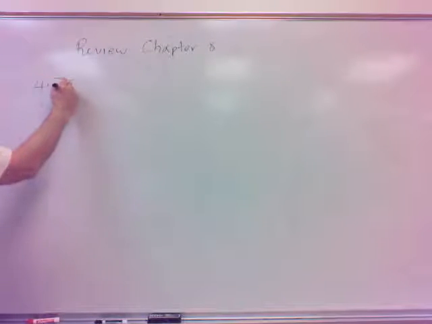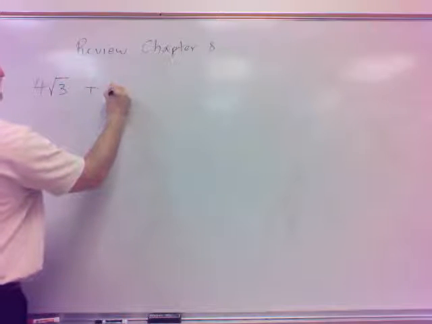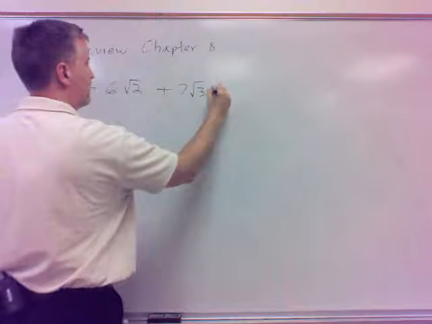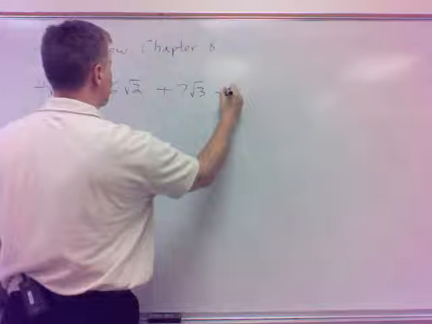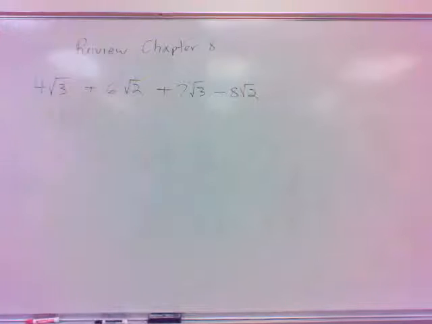So I had the 4 square root of 3 plus 6 square root of 2 plus 7 square root of 3 minus 8 square root of 2. Okay. When I add radical terms like that, what do I have to have? I have to have like radicals. The radical has to be exactly the same.